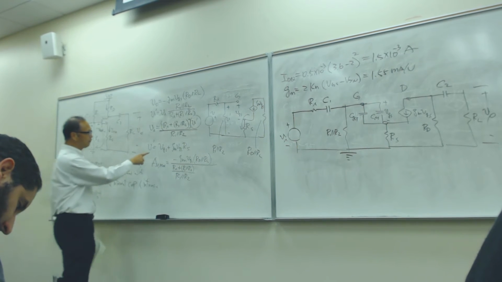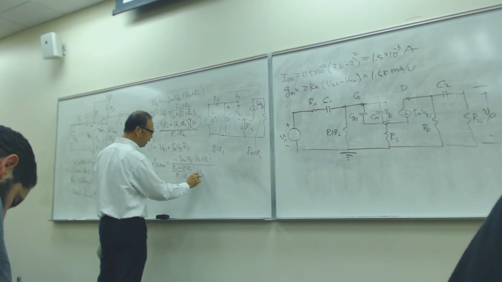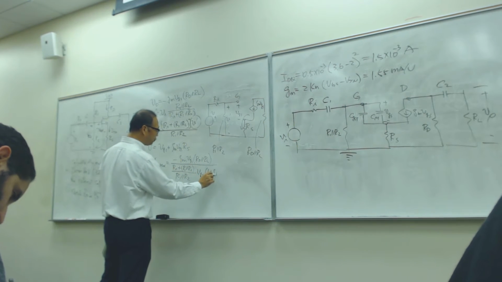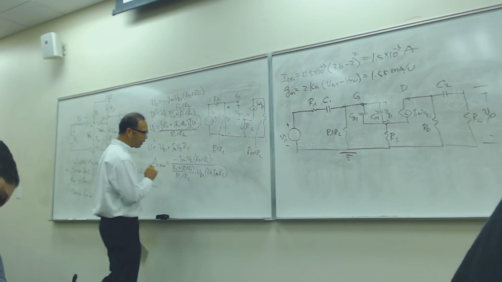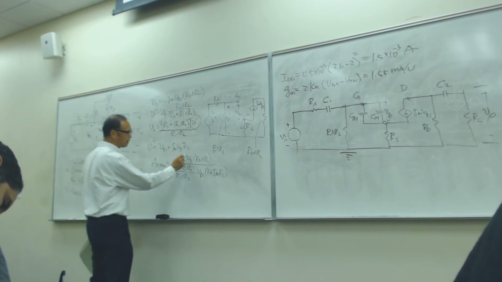And times V sub prime times VGS (1 plus g sub m R sub S), correct? So VGS cancel.